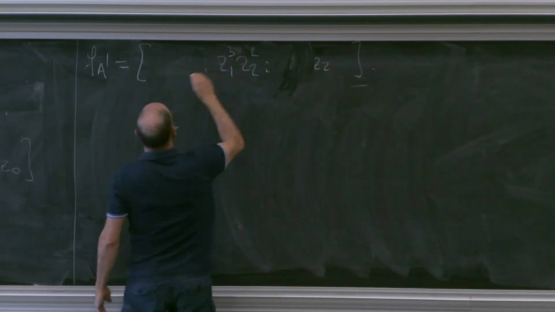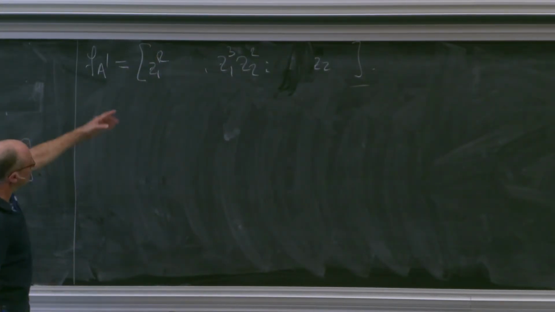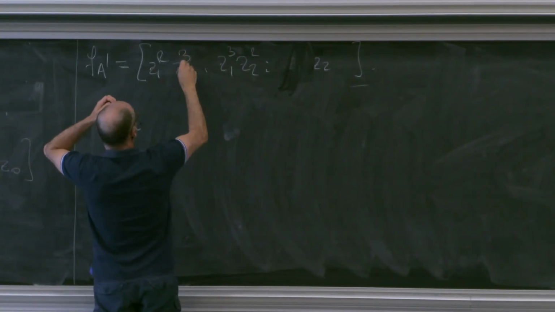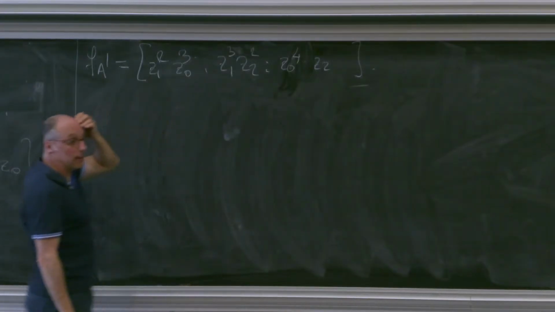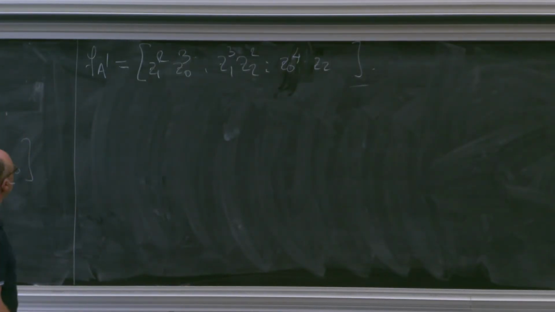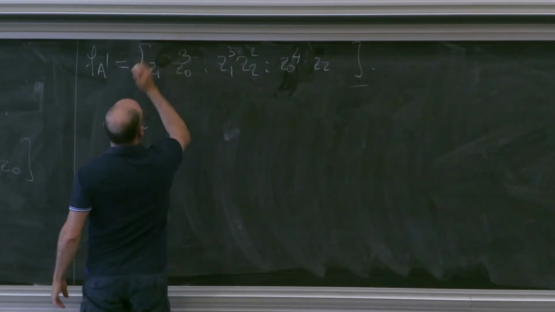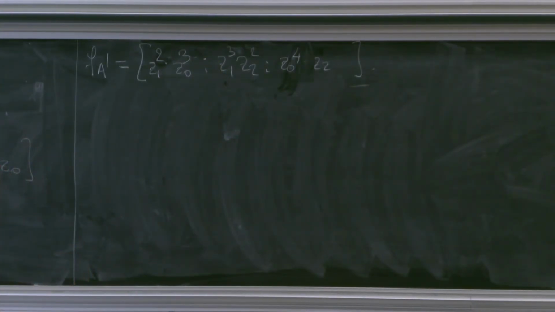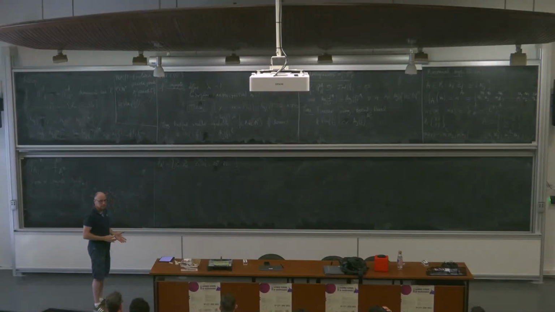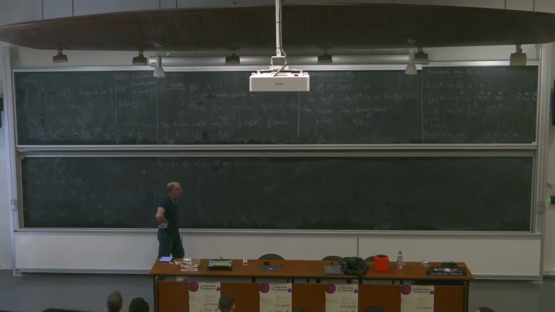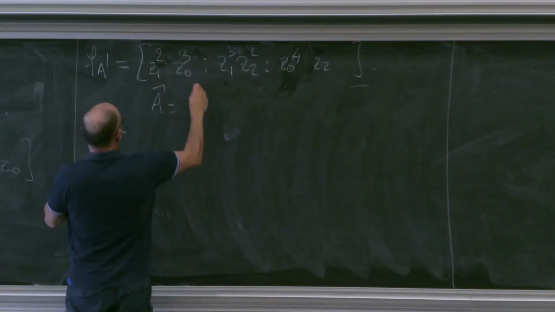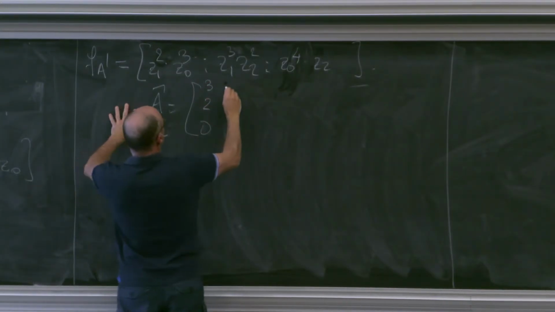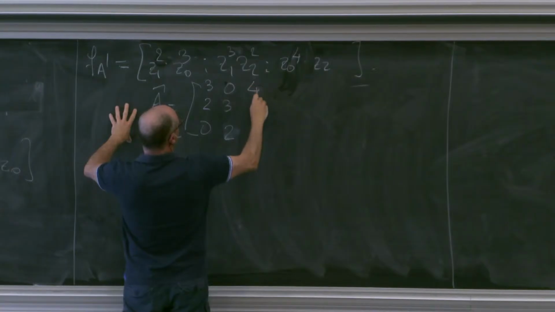So here it's a cube, Z1 squared, and then you see that it's of degree 5, and so you have to put Z0 to the 3 and Z0 to the 4. So here you see the matrix A hat is (3 2 0; 0 3 2; 4 0 1).